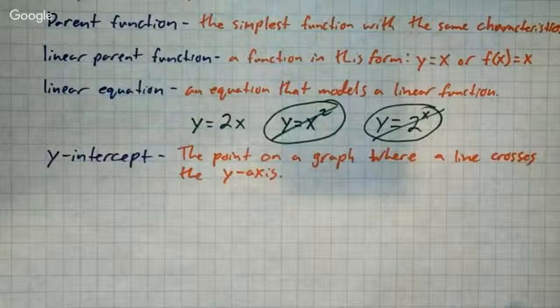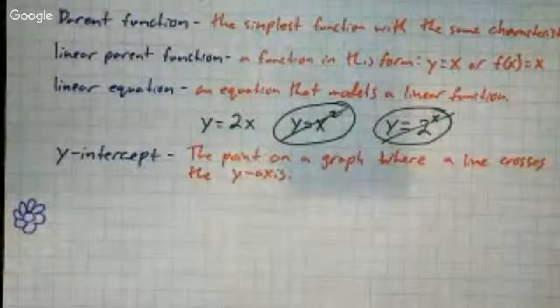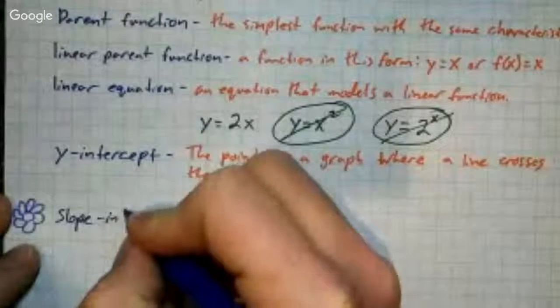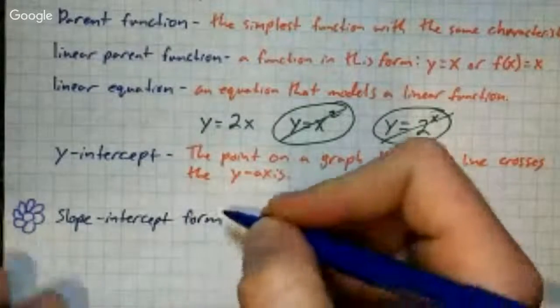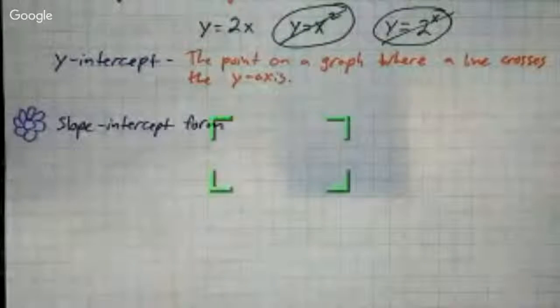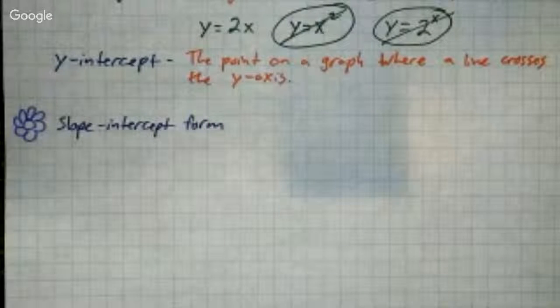And then the last thing we're going to write down is actually going to be input as well, our details. So I'm going to draw the flower right here, and go to slope-intercept form. Now if you look up here, that's the name of our lesson as well, so this is going to be important. The slope-intercept form is our set of instructions, like the play in football.